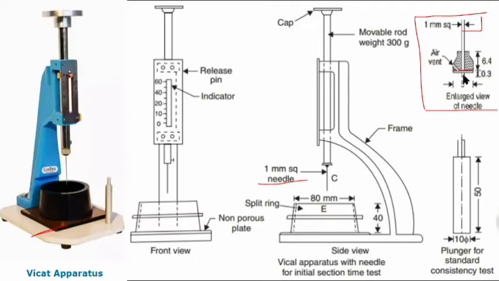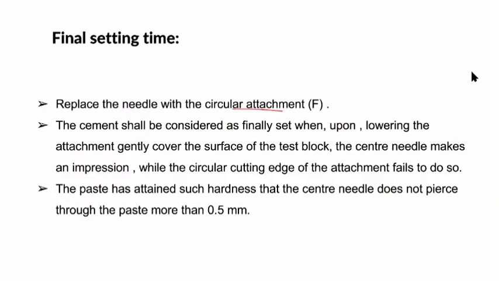When you lower this attachment on the surface of the mold, only this needle makes an impression on the cement paste, but this circular attachment does not make an impression; this is called final setting time. The paste has attained such hardness that the center needle does not pierce through the paste more than 0.5 mm.